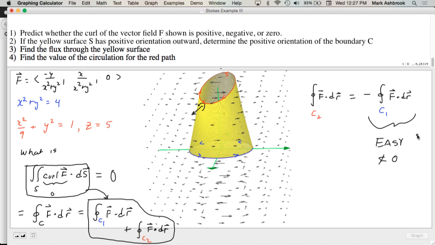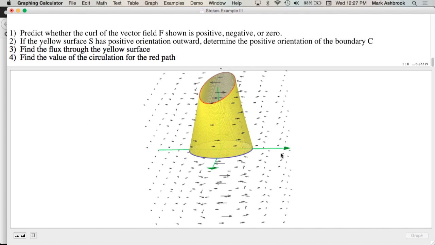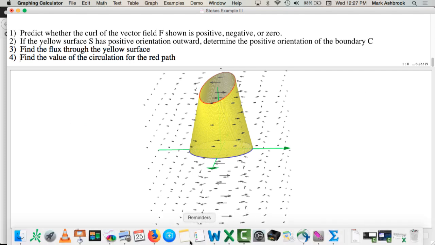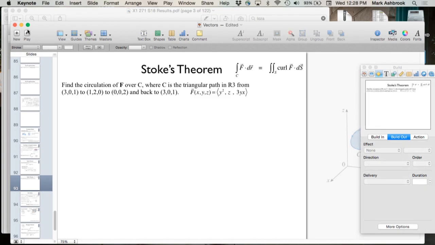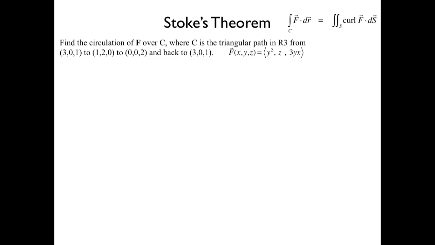Okay, so I have another example here. Find the circulation of F over C, where C is the triangular path in R3 from (3,0,1) to (1,2,0) to (0,0,2) and back to (3,0,1), if F is this one, (y squared, z, 3yx).